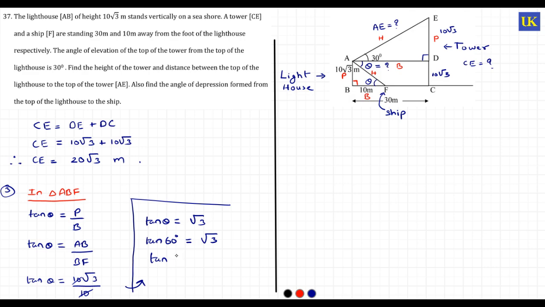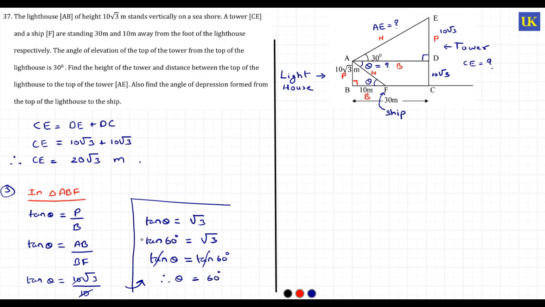So tan theta is equal to root 3, and root 3 is nothing but tan 60 degree. So this tan and this tan will get cancelled and theta is equal to 60 degree. So we got our answer.